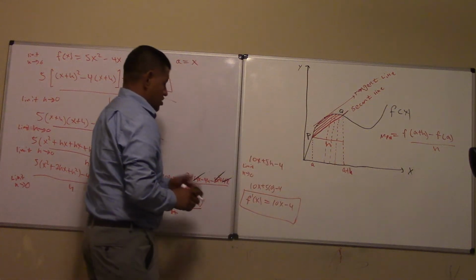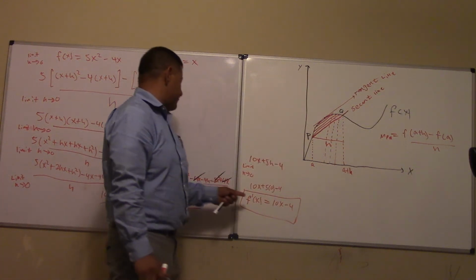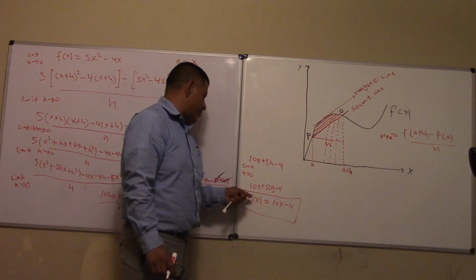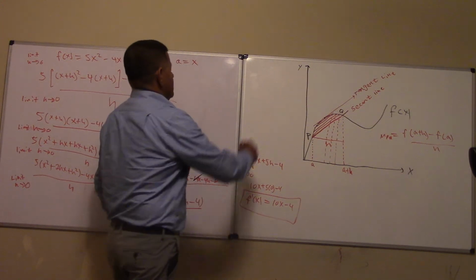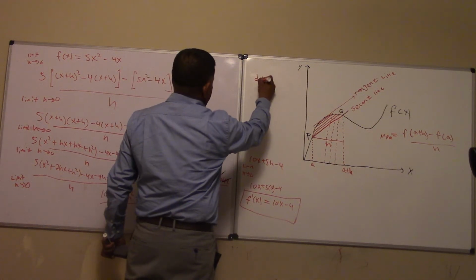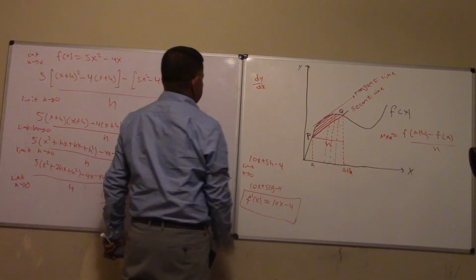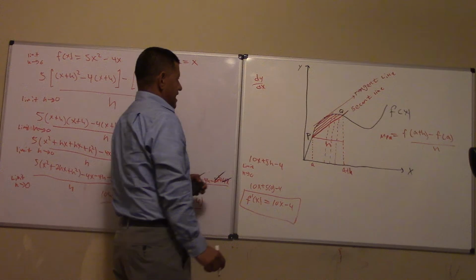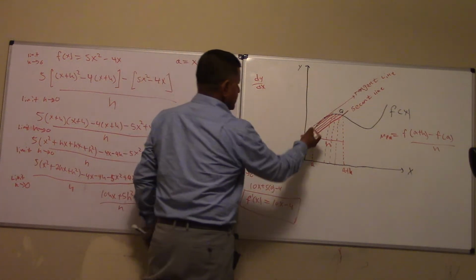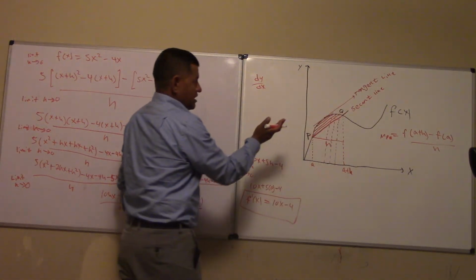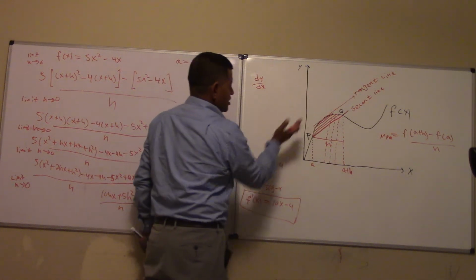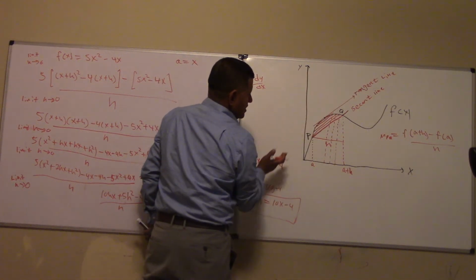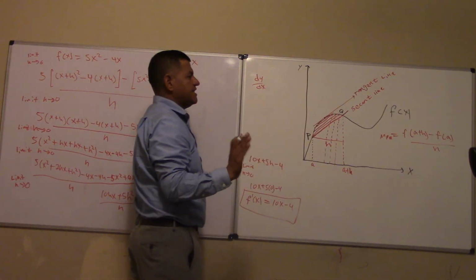Right? And I think I said in the last video that f prime is the same as dy dx. This f prime is the same thing as that. Also, it's the slope of the tangent line. I'm sorry, not the secant line.